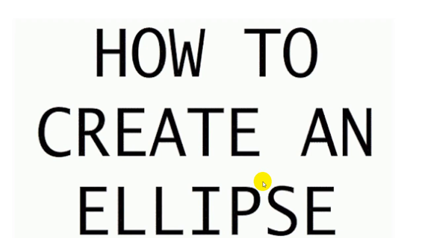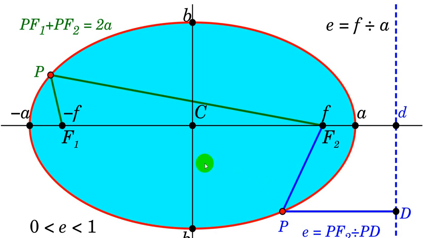How do we create an ellipse? As you see, we have the two intersecting axes. The smaller one we call B, and the largest one we call A, because it extends from A plus to A minus, and this one from B plus to B minus.